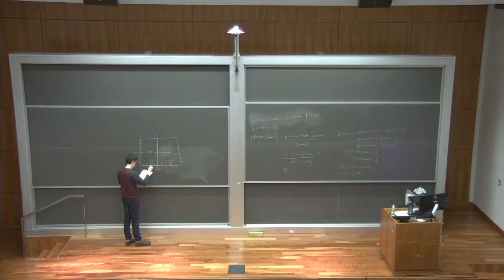Somebody just check me as I'm doing this so I don't mess it up and then mess up the whole problem because of it. Oh, this should be a plus. Okay, so I think this is what the data looks like. The plus signs are the positive data points. The circles are the negative data points.